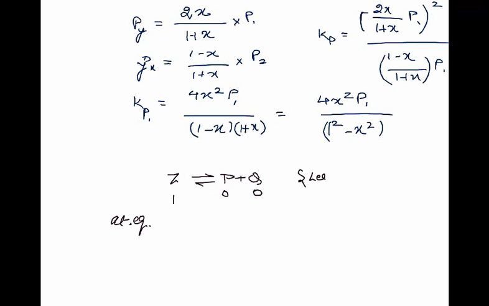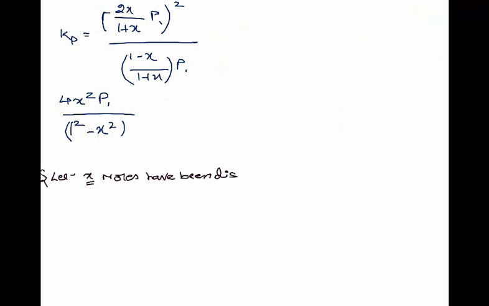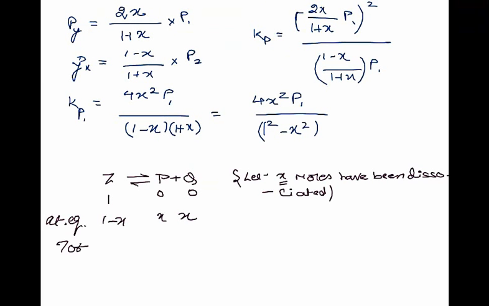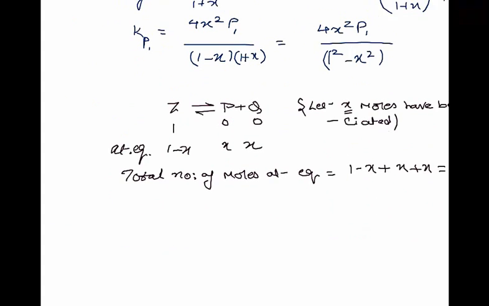Let X moles have been dissociated. So it would be 1 minus X, then this would be X and X. So the total number of moles at equilibrium will be equal to 1 minus X plus X plus X. So it comes out to be 1 plus X.